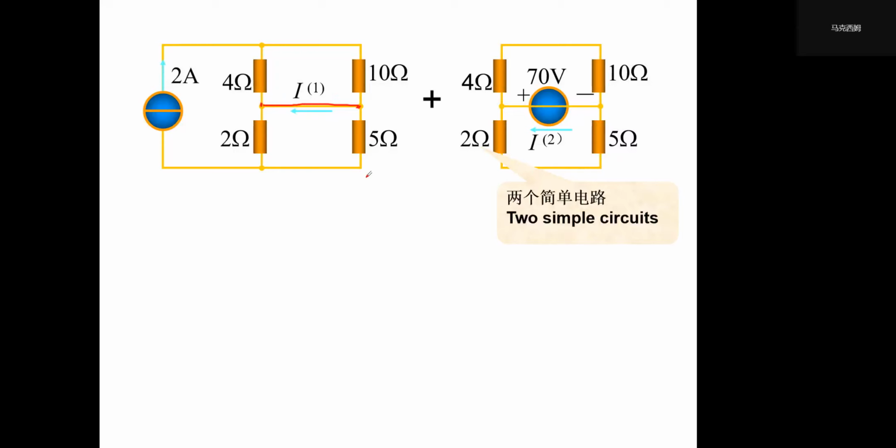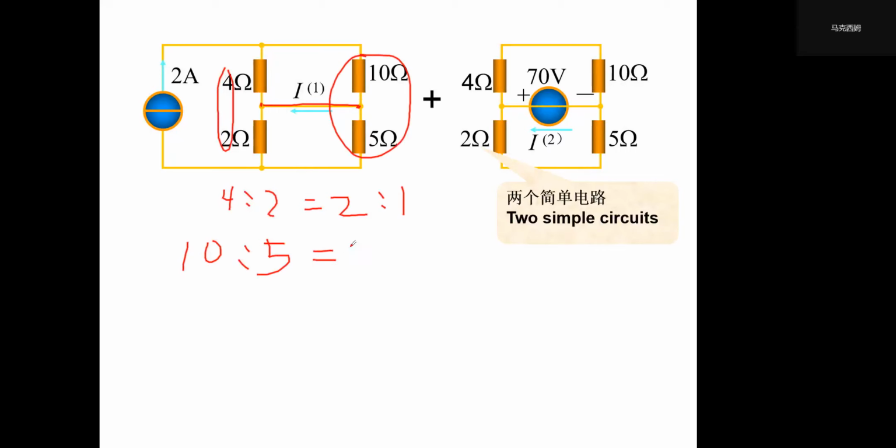Let's see if there's any voltage on it. We see the proportion of this branch to the second branch, the 10 ohm and 5 ohm branch, they are identical.